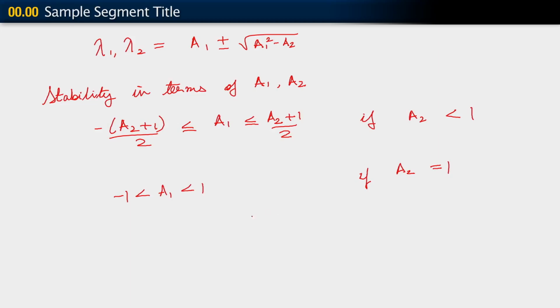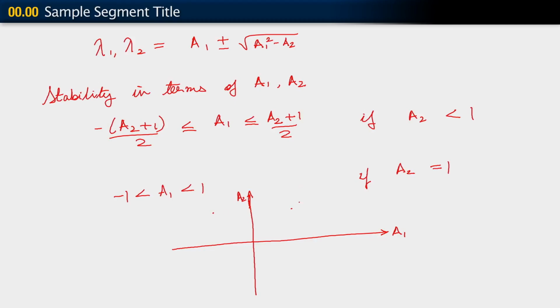One can plot this result up in an a1, a2 space, and here's what we see. If this is a1, and here we are plotting a2, let me mark some critical points here.